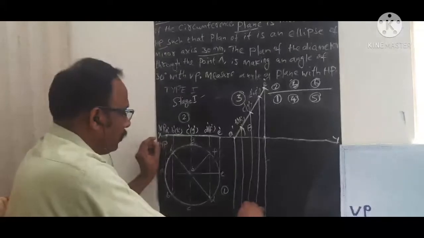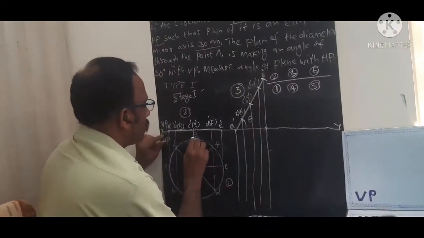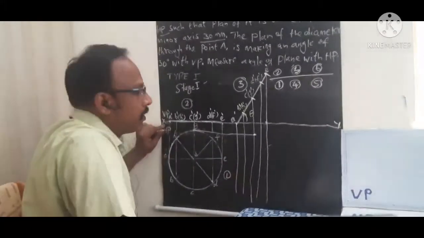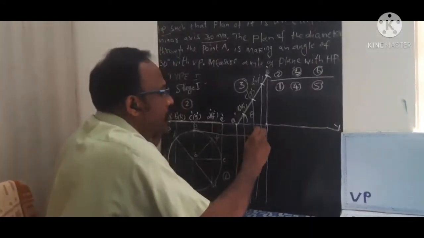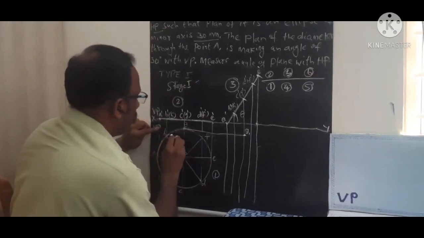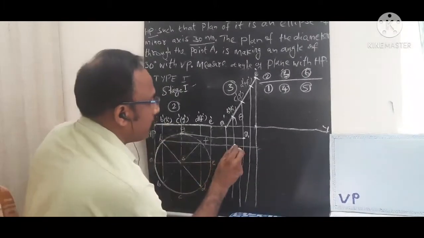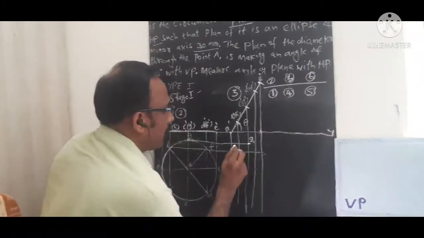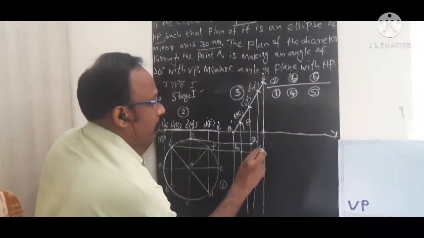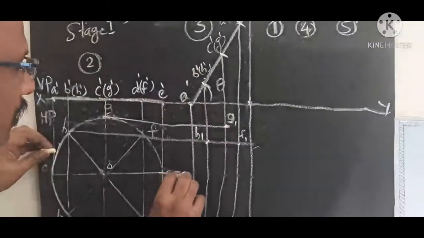Now we are going to draw the horizontal lines and mark the corresponding points. Now I draw the line from G and mark this point as small g. Now I join this H and F. You need to draw horizontal lines and mark these points here. This point I call H1 and this point I call F1. Now I draw the horizontal line from here.